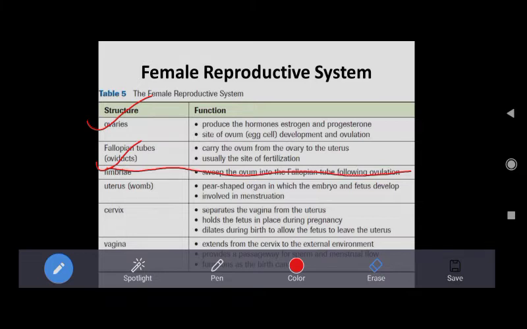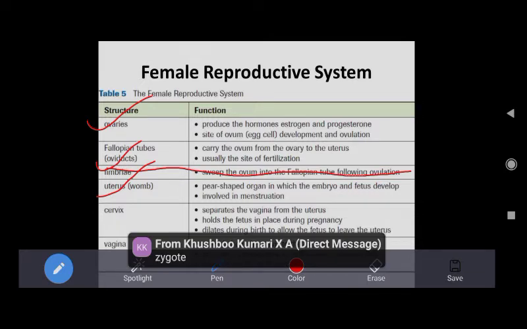We will come straight to the next part, that is the uterus. The uterus is a pear-shaped organ in which the embryo and fetus develop, involved in menstruation. So after fertilization, when the sperm and the ovum meet, what is formed? Very good, the zygote.